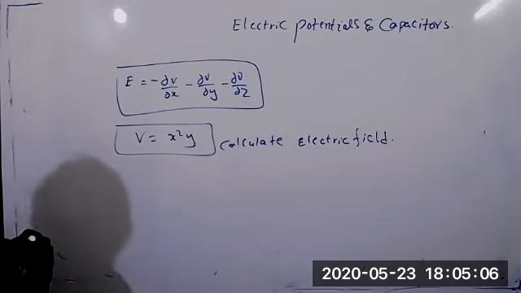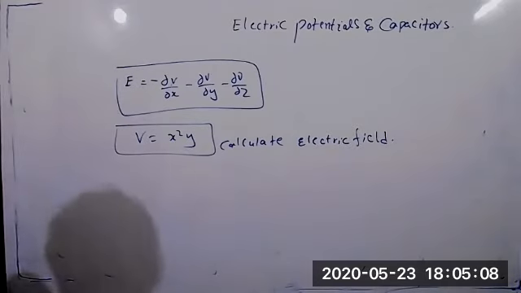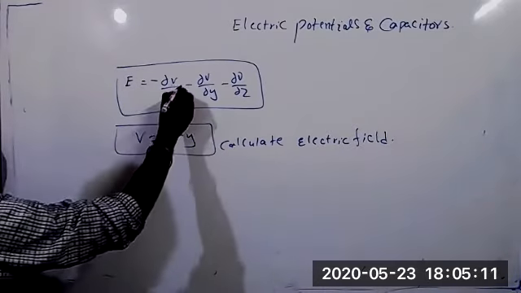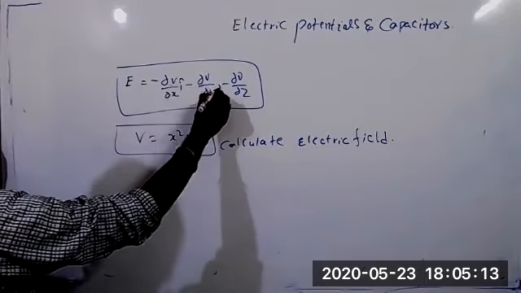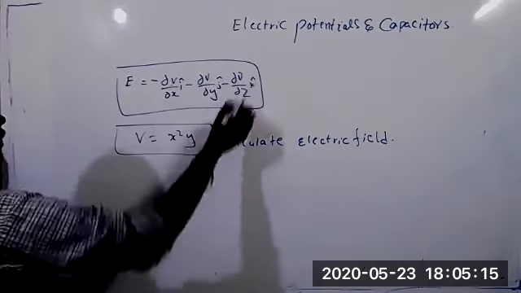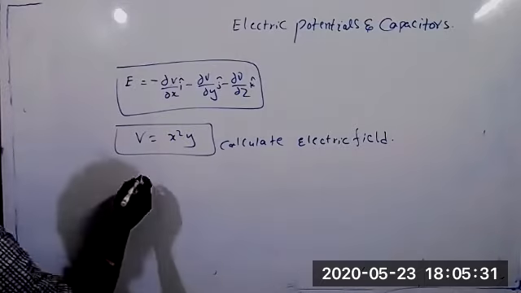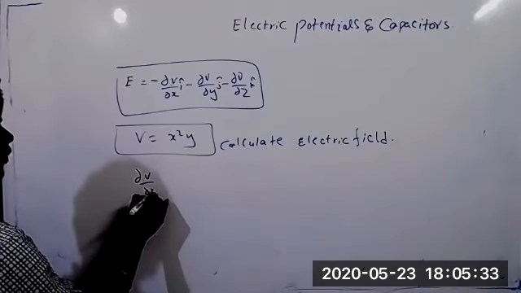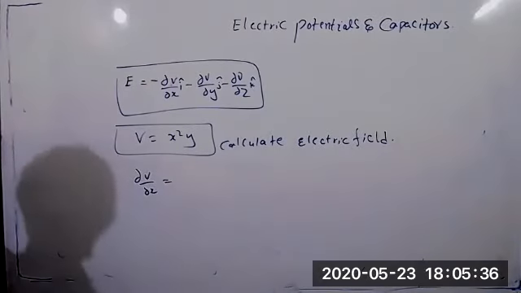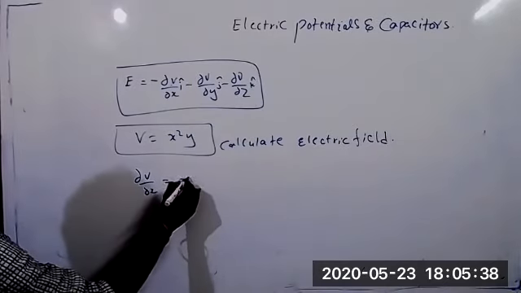Dou v by dou x i cap, dou v by dou y j cap, dou v by dou z k cap, because it's a vector quantity, right? How much is dou v by dou x? It will be minus 2xy.